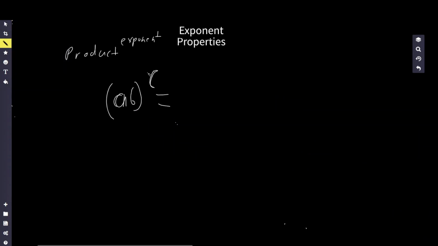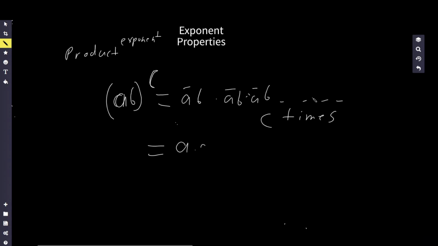If we have A times B, to the C, you can agree that this is AB times AB times AB, C times. Now if this is C times, then there's going to be C A's and also C B's.